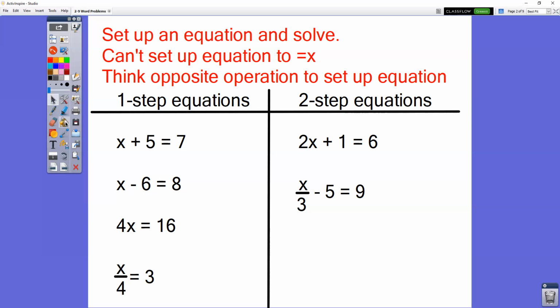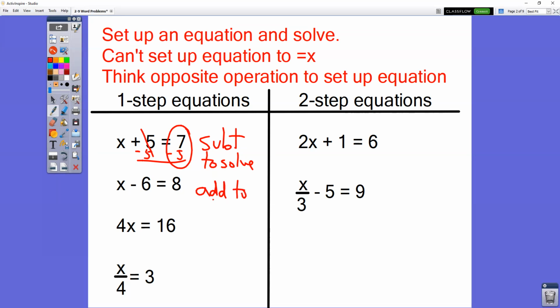So in a one-step adding question, you would have to subtract in order to solve it, because we would do -5 and -5, and then you end up subtracting the two numbers to get your answer. In a one-step subtracting question, you end up adding to solve, because we would add 6 and add 6, so you end up doing this adding here.